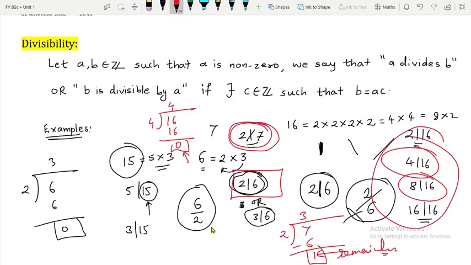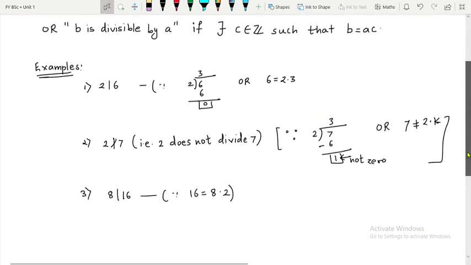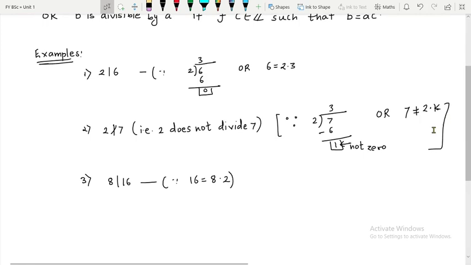This is the logic behind it. I hope you are getting the concept of divisibility. Let us go for one more example. 2 is not dividing 7 because obviously the remainder is not 0, and the other reason is we cannot write 7 as 2 multiplied by some integer, right?